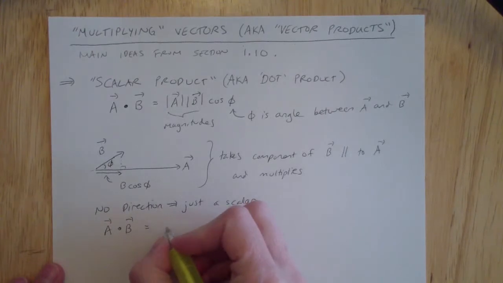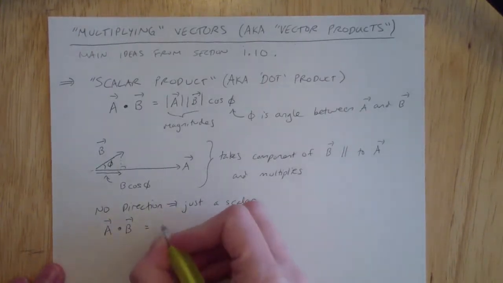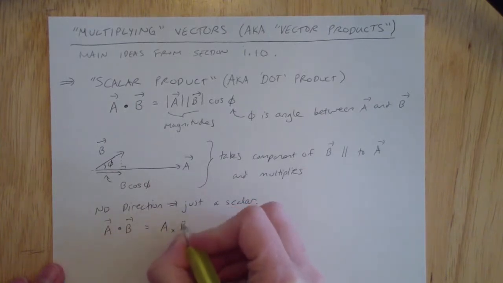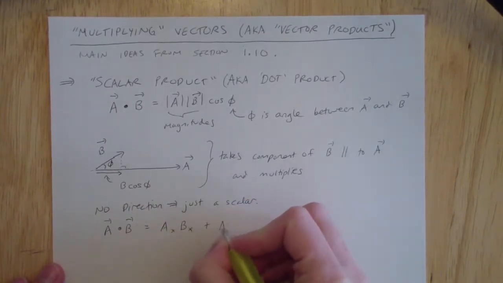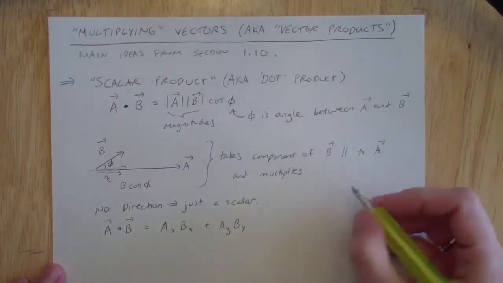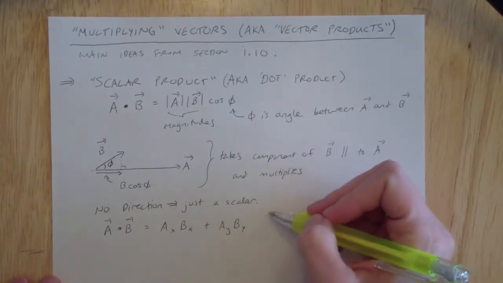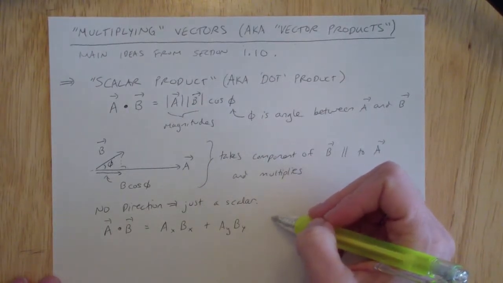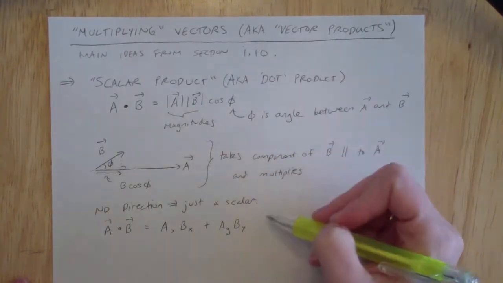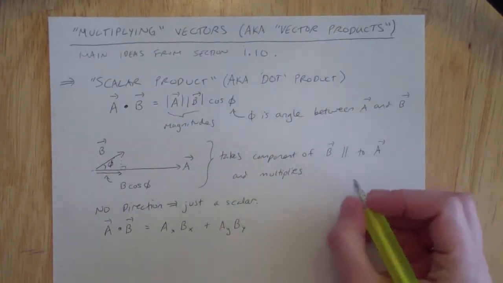And the math and the derivation for that is shown in section 1.10. But the result is that A dot B is equal to AX times BX plus AY times BY. So you have then these two methods which allow you to calculate the scalar product between two vectors. And given the situation, then you can choose which one makes more sense.